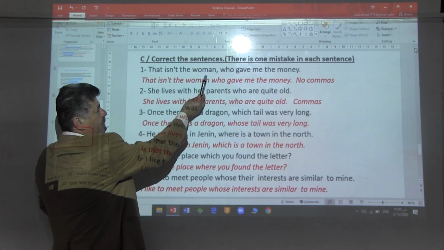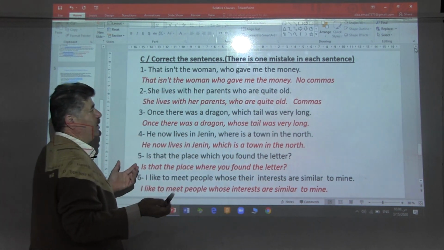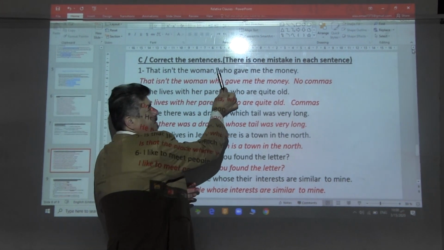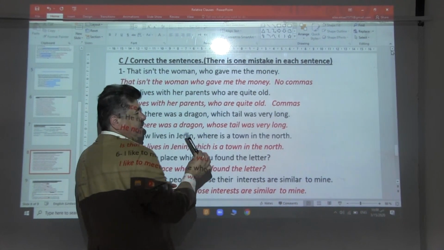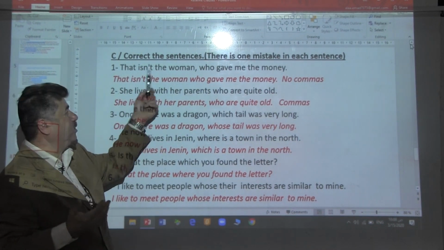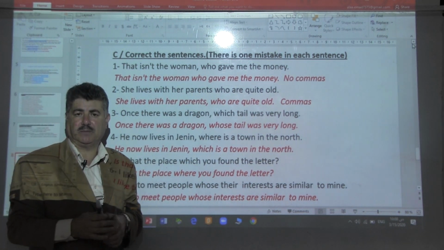That is not the woman, comma, who gave me the money. Now, where is the mistake in this sentence? If I use a comma, this means that I can delete this information. It's not necessary. It's extra information. But if we delete it, the sentence becomes, that is not the woman. This is not a complete sentence by itself.